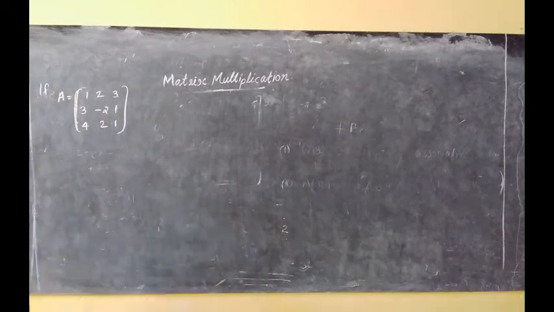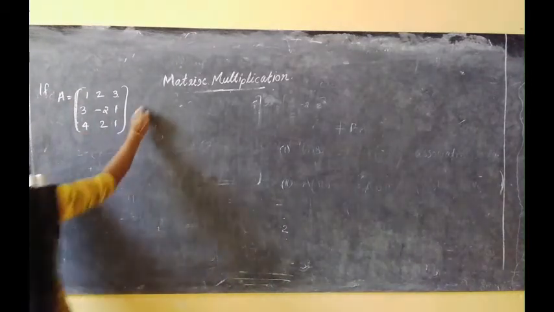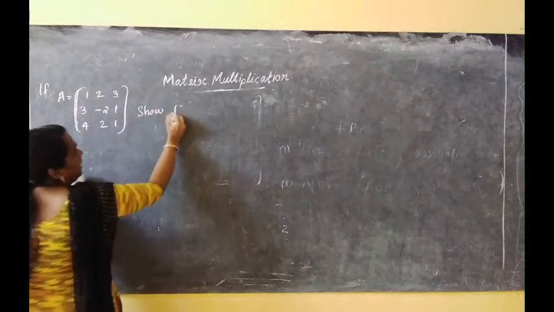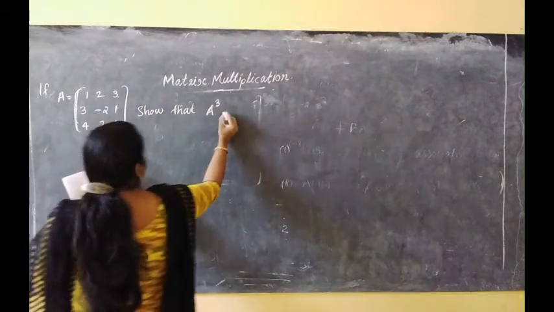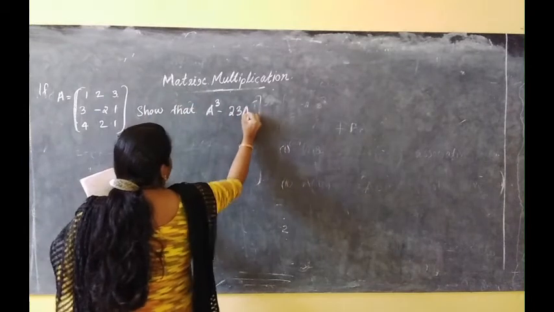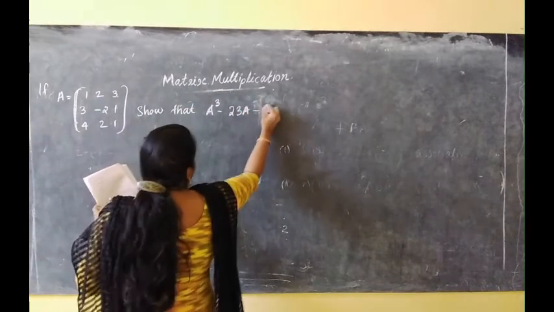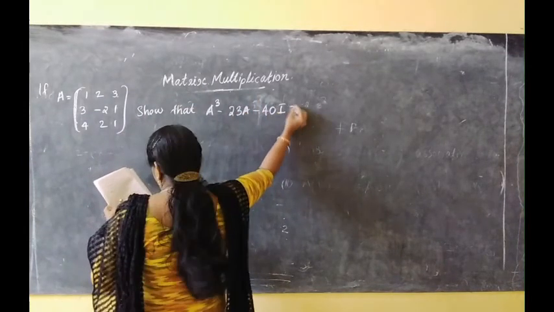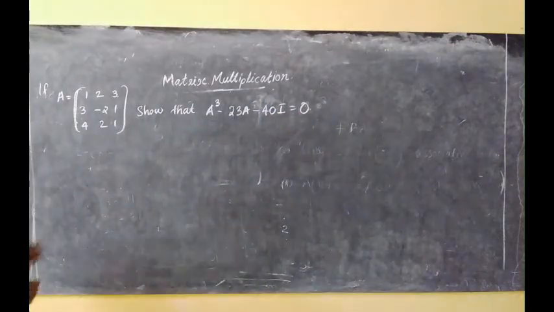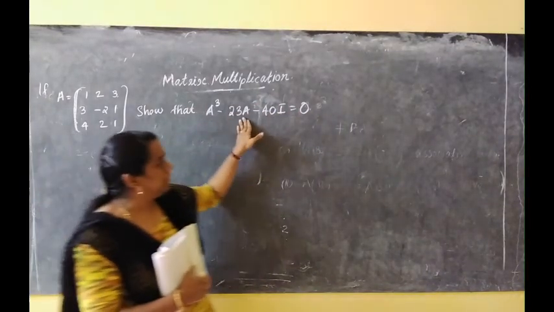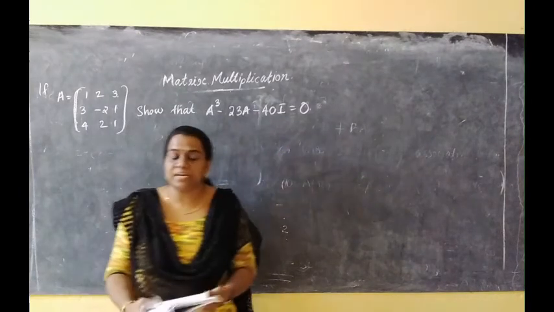It is a matrix of order 3. Show that A cube minus 23A minus 40I is equal to 0. Here 0 means the 0 matrix. We want to prove A cube minus 23A minus 40I is equal to 0.